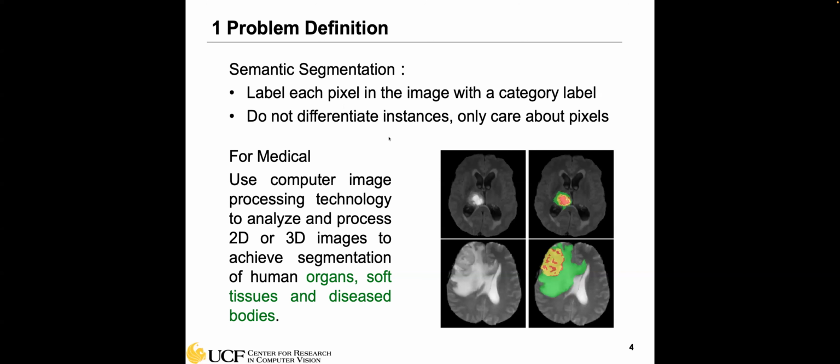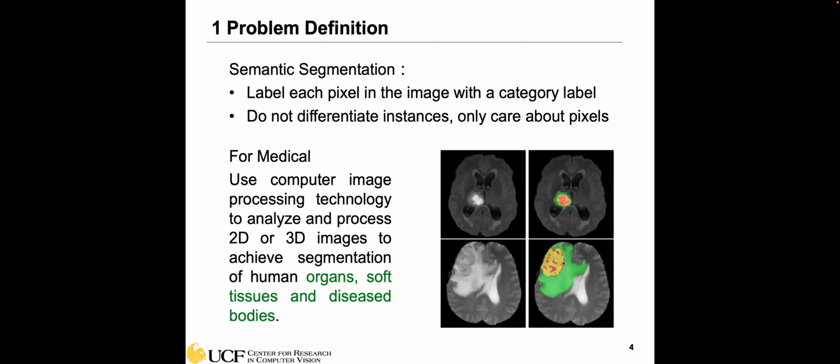So for medical images, it's the same thing, right? It's just that the images are different. Here is an example, an MRI of the brain, right? We are going to use image processing techniques to analyze or process these 2D or 3D images to achieve segmentation of either human organs, soft tissues, or maybe diseased bodies, like a tumor.